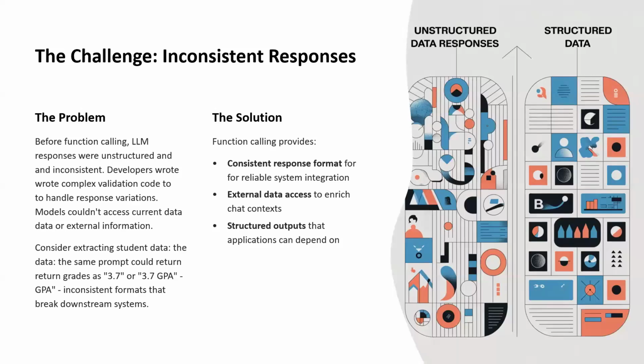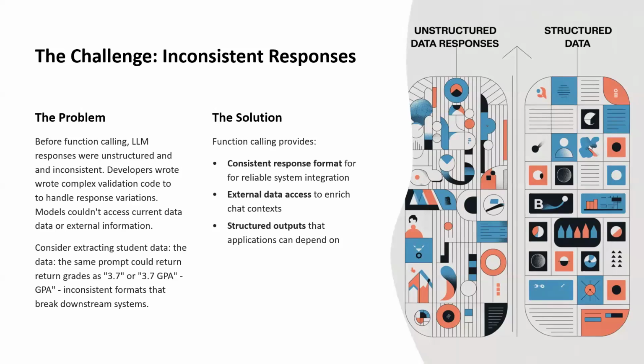Now, the difference is that one has no GPA and the other does, which is an inconsistent format. It will not fit into your database if your database is set up to accept data with the GPA at the back. If it returns just 3.7, your whole system might crash because now it doesn't know where to place that particular value.